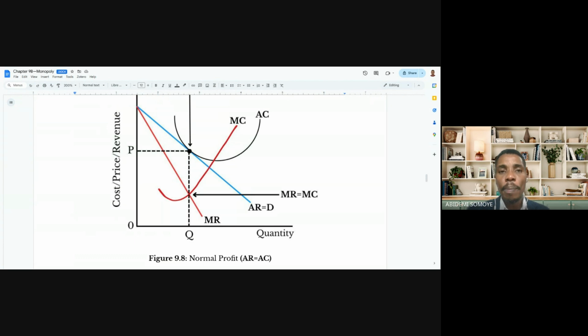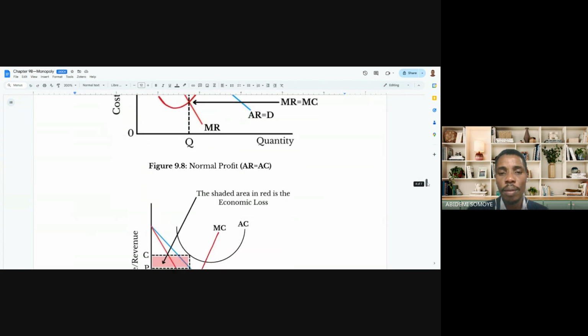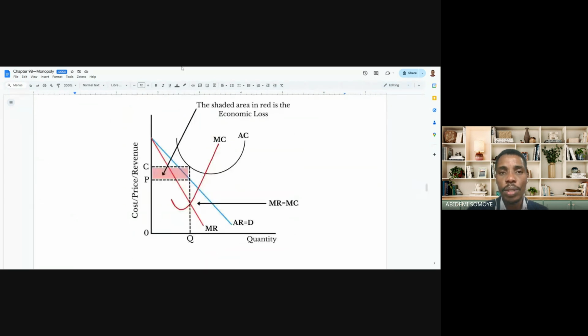Okay, so what about an economic loss in the short run? In the short run, an economic loss you will notice is that average cost will be greater than average revenue. This point right here is your average cost greater than your average revenue. You can see cost is more than price.